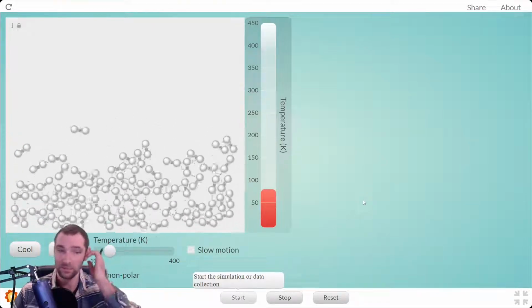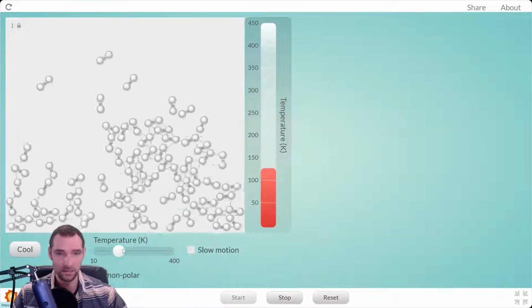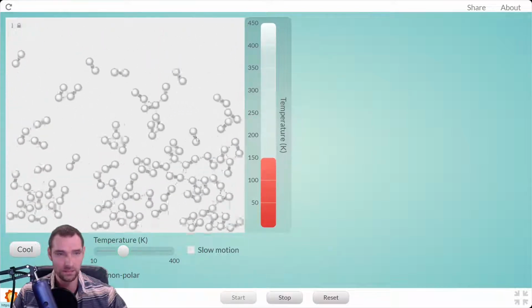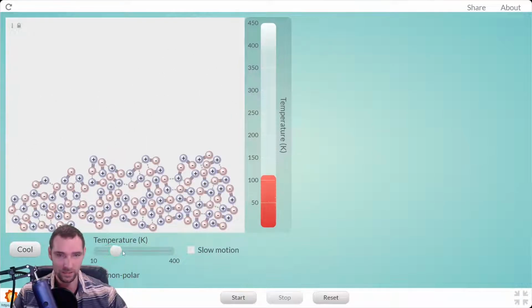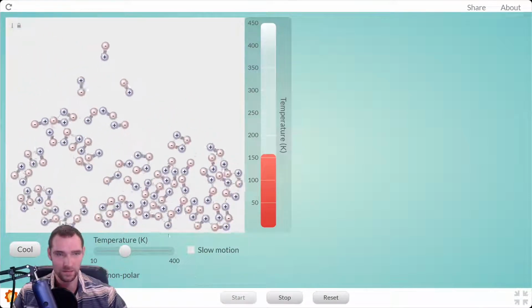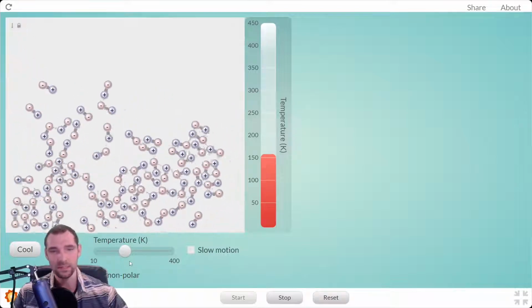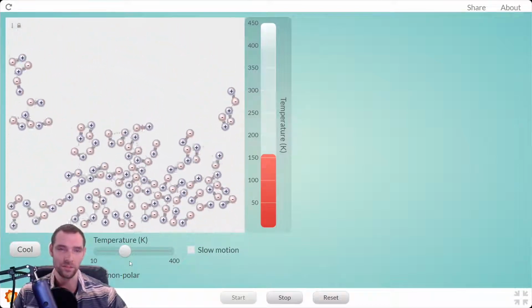That looks more like a liquid, maybe even some gas starting to come off. And we can set this up to like 150. Yep, definitely a gas. And we can make this go up to like 150 and see what that looks like. It's starting to turn into gas, still mostly liquid. So you can see that the polar things have stronger interactions, which hold them in the previous phase for longer.